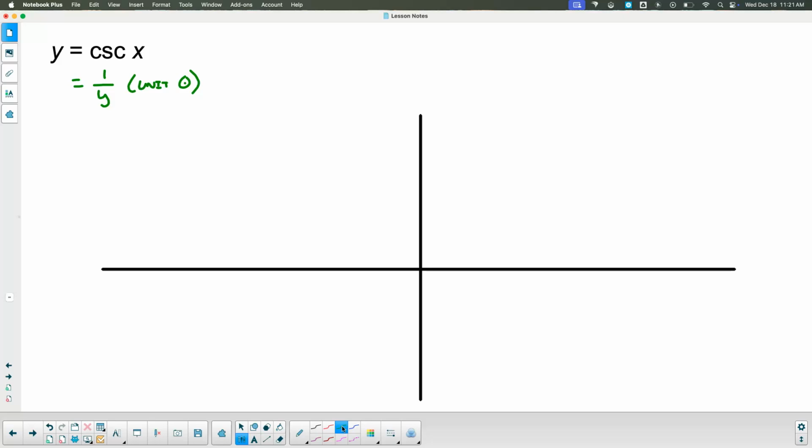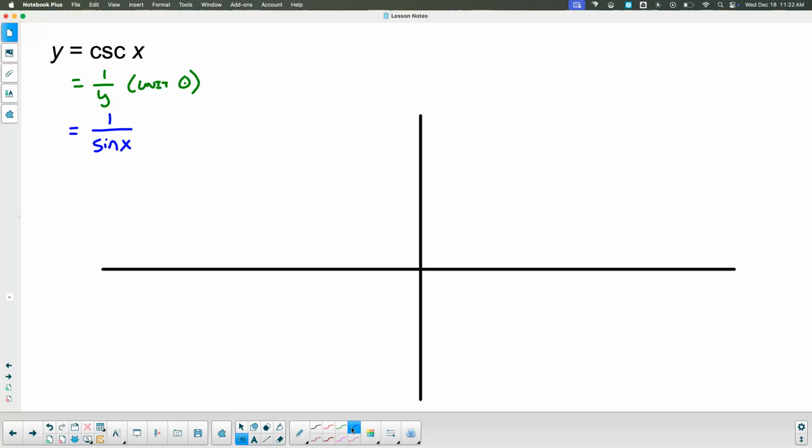Yes? Okay, another way? Everything needs a co, so we don't need a co. One over sine of x, right?